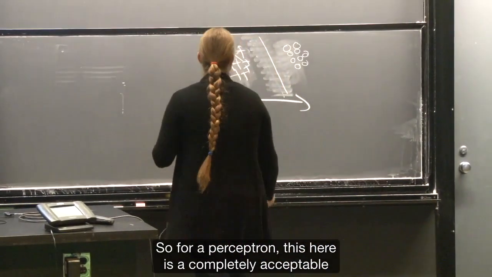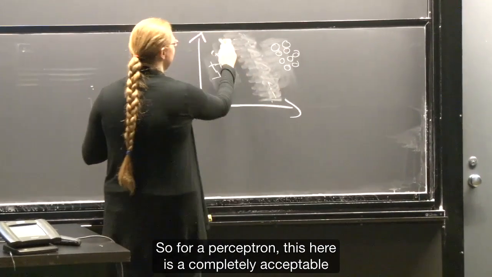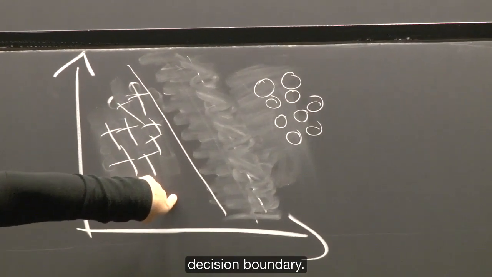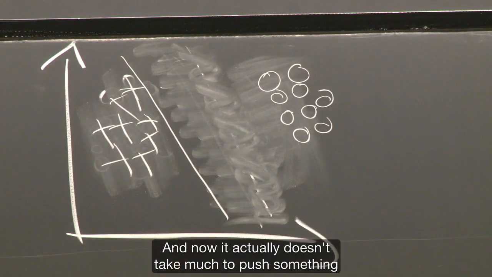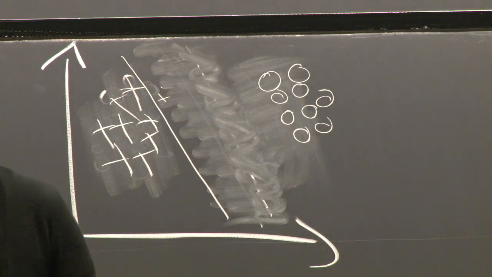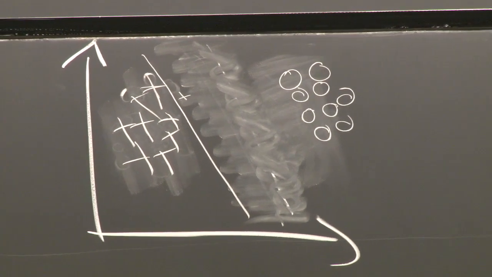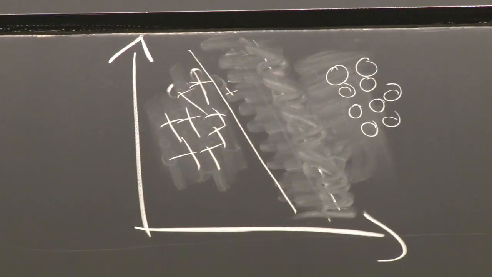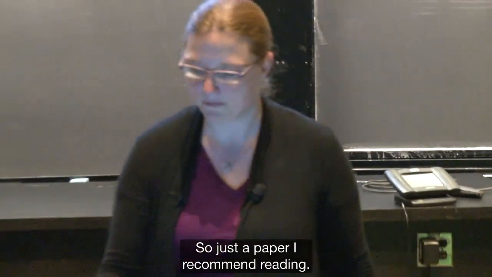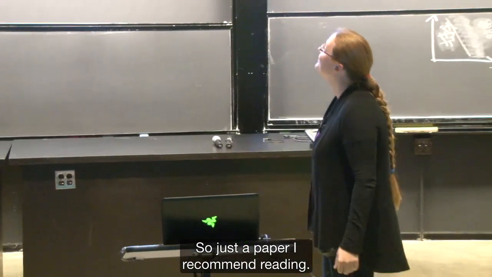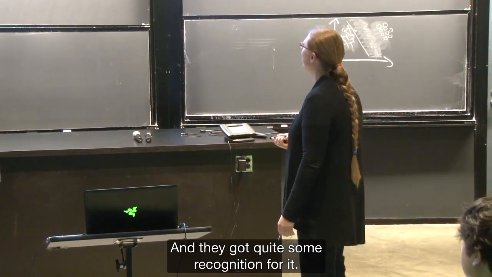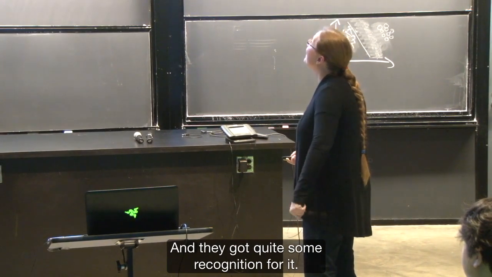So for a perceptron, this here is a completely acceptable decision boundary, right? And now it actually doesn't take much to push something over the edge. So just a paper I recommend reading. It was still quite interesting that they did this, and they got quite some recognition for it.